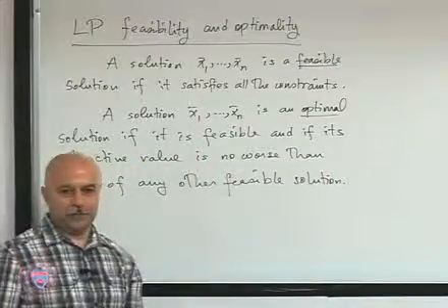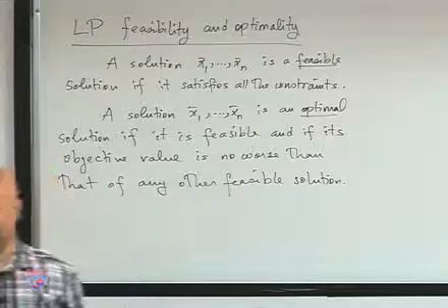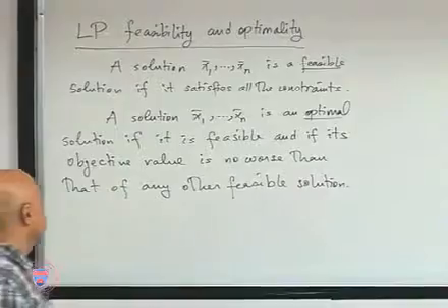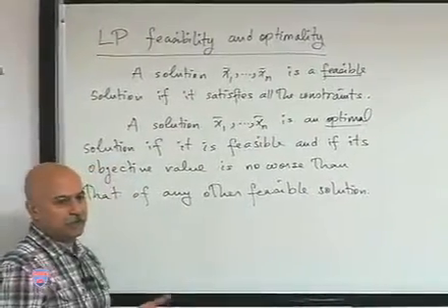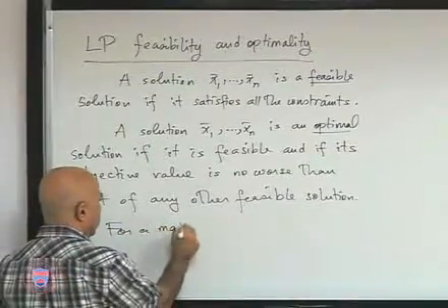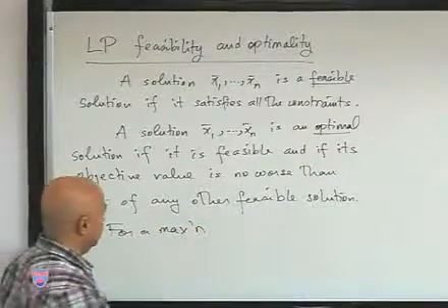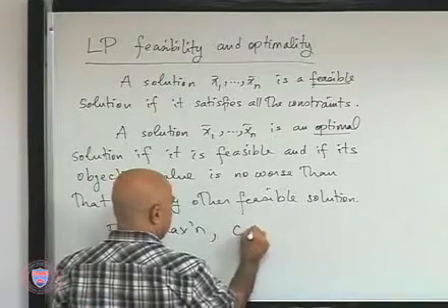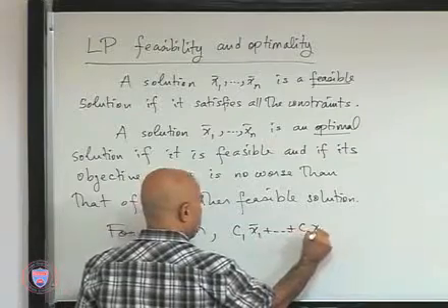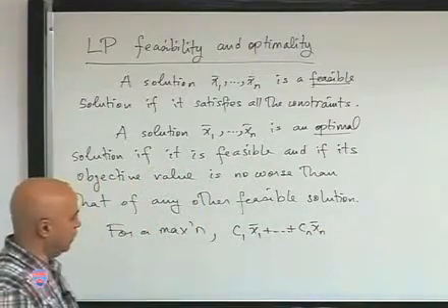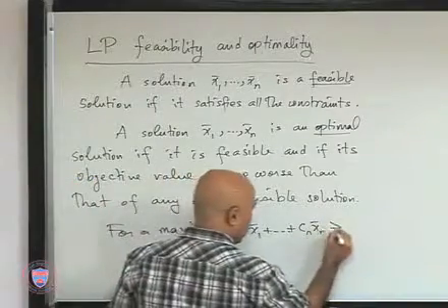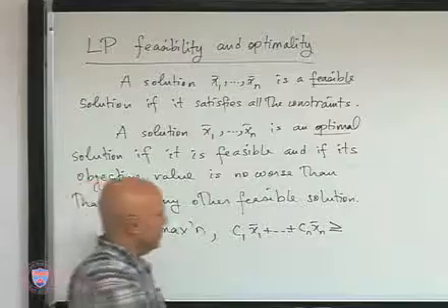Now, no worse is probably a poor choice of wording. If your problem on hand is a maximization problem, then no worse means the objective value you get from the solution x bar with x1 bar up to xn bar should be no worse, meaning that should be greater or equal than any other feasible solution.